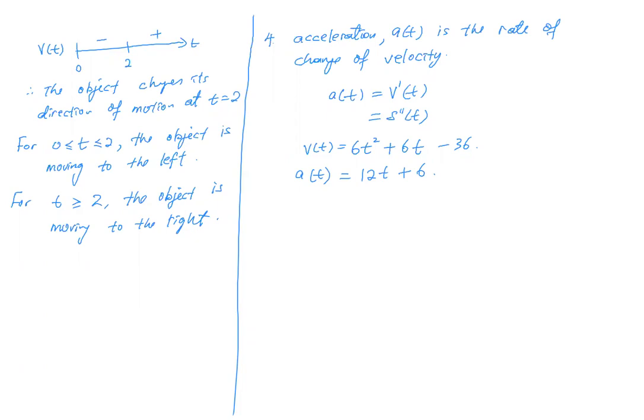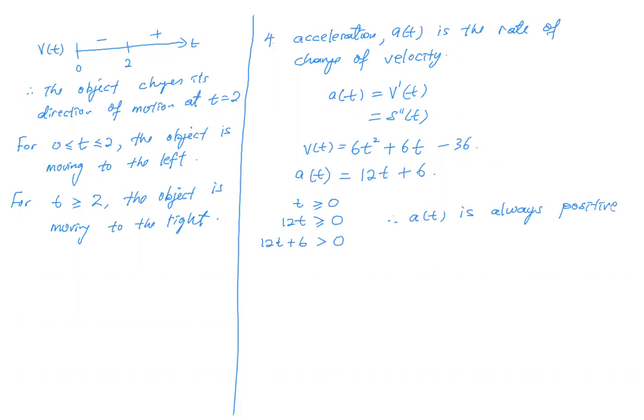Because t is greater than 0, so 12t definitely will be greater than 0. So 12t plus a number definitely will be greater than 0. Therefore, I can conclude a(t) is always positive.